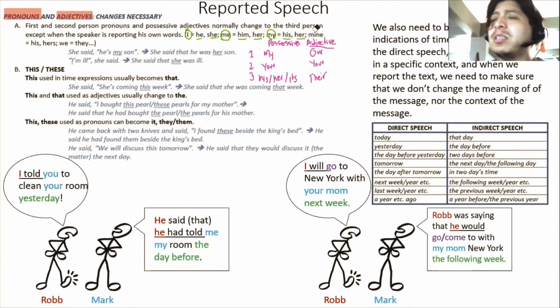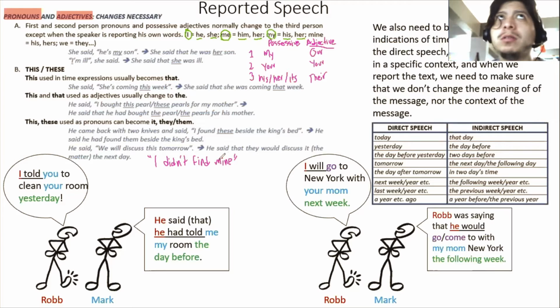Mine. This is a pronoun. This is a possessive pronoun. So let's say that the direct speech is, "I didn't find mine." I didn't find mine. Yo no encontré el mío. ¿Mi qué? No sé. Este es un pronombre. Este está reemplazando al sustantivo. Esto solo se usa cuando ya tenemos contexto.